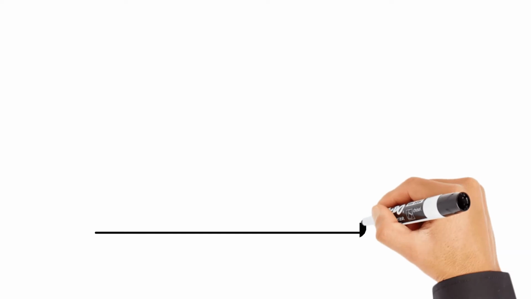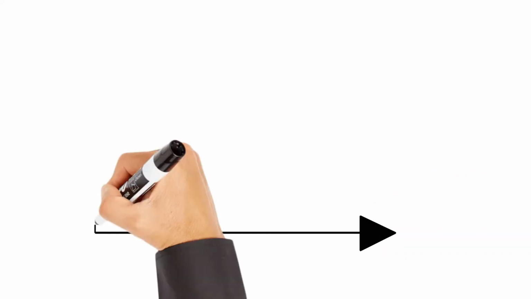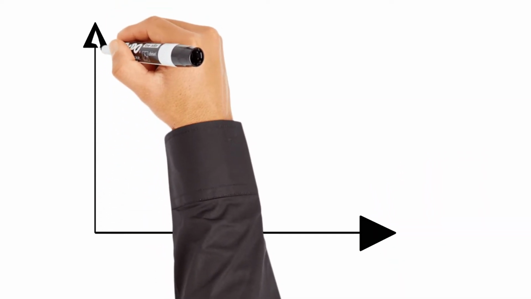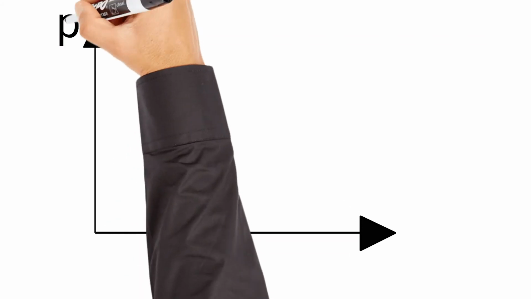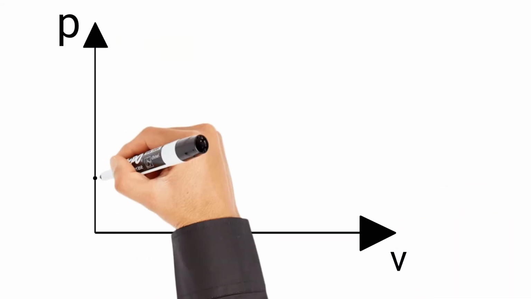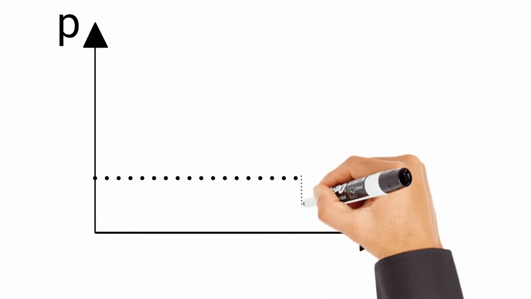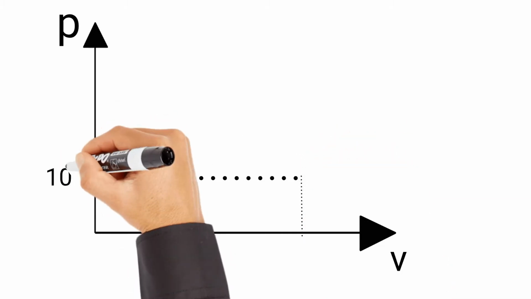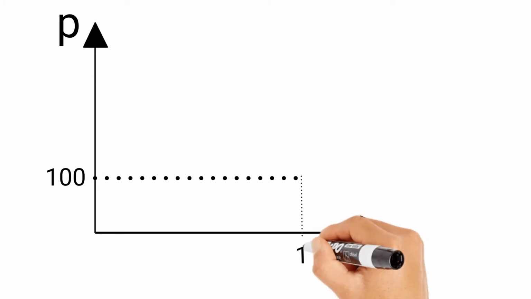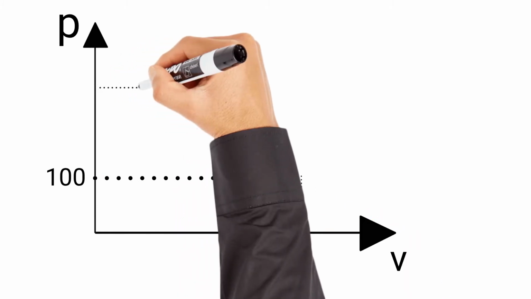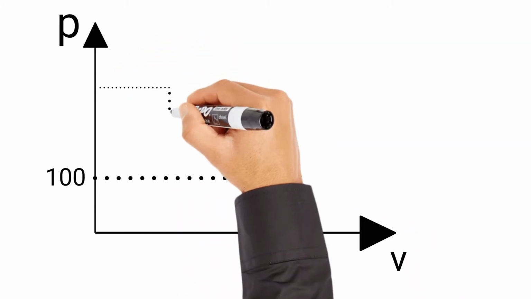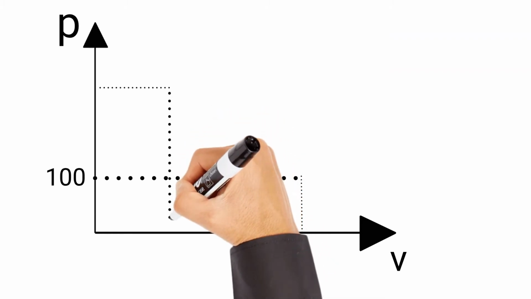Let's begin. First, we use a diagram to picture the question. We use a P-V diagram. Now, two values will give us a point. So we are given 100 kilonewton and 1 meter cube as the first two values. That gives us the first point.